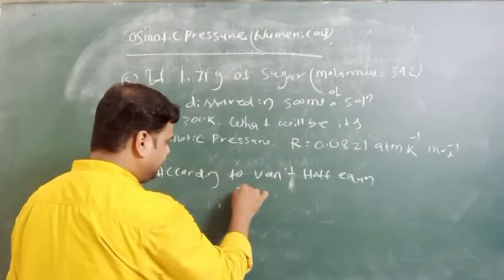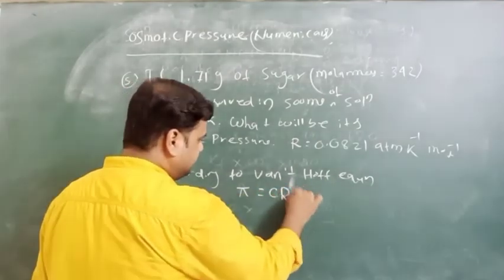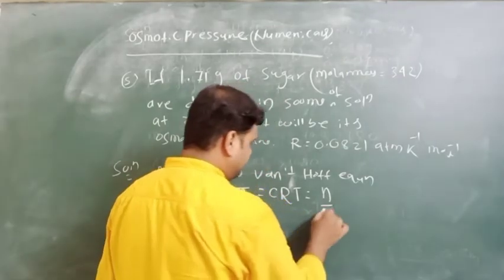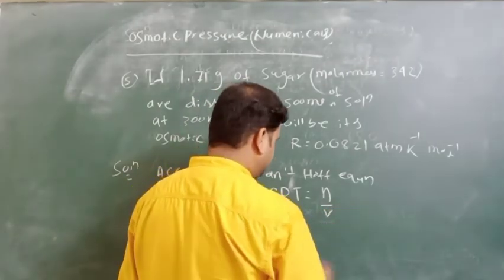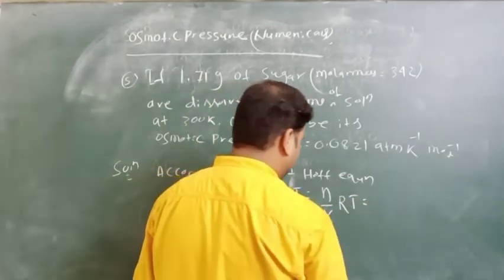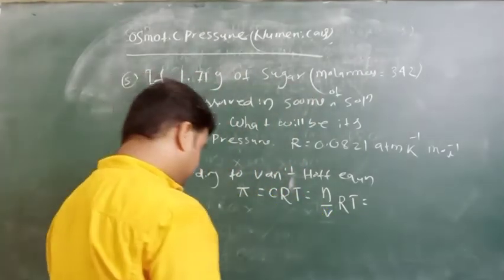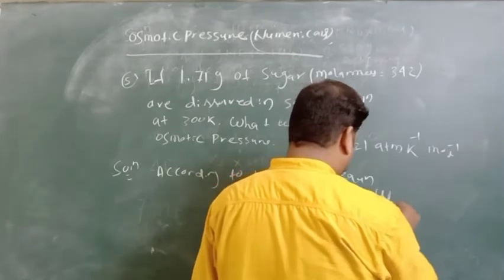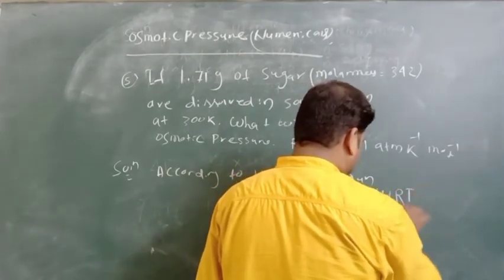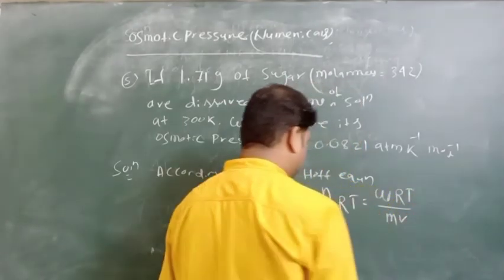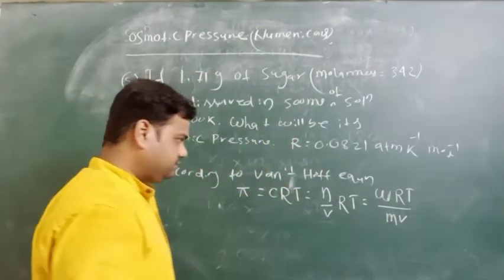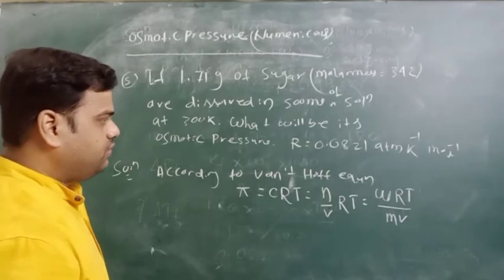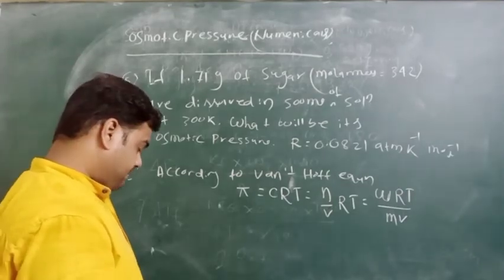Otherwise we can write n by V RT. For n, we can write W by M, because n equal to W by M. So pi equal to WRT by MV.